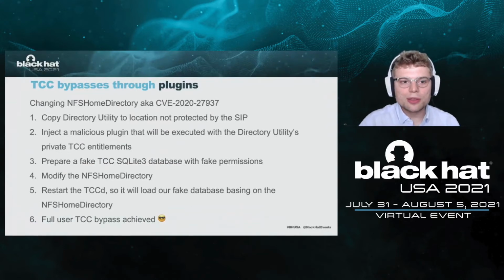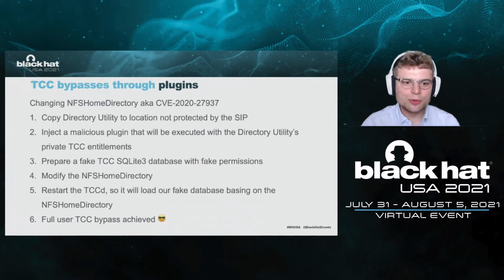At the first point, we have to copy the directory utility to a location that will not be protected by System Integrity Protection, so we will be able to alter the plugin. Then we inject a malicious plugin that will be executed in the directory utility's context with, of course, the private TCC entitlement that allowed us to modify the system admin files.